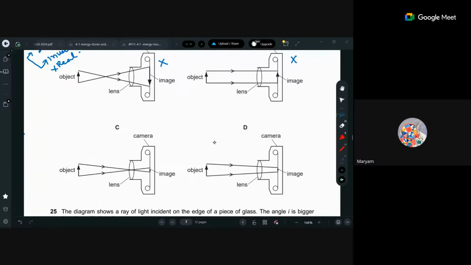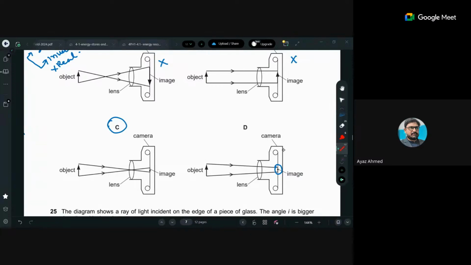It's going to be C and D, right? In D, it is not inverted. That is the problem. And one more thing, the rays are not correctly placed. The rays should be correctly placed as in option C. So C is the right option. Do the rays always intersect at the lens? Yes, they intersect on the lens.